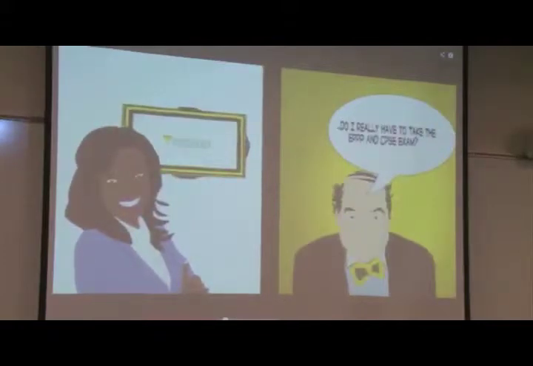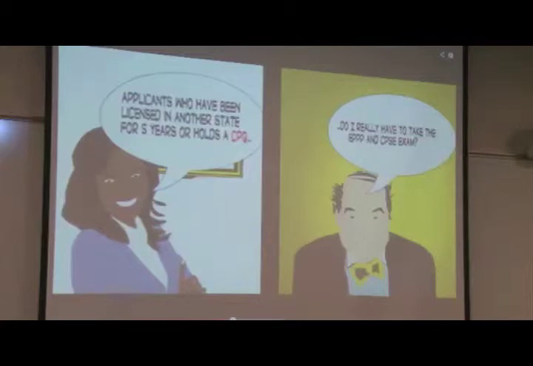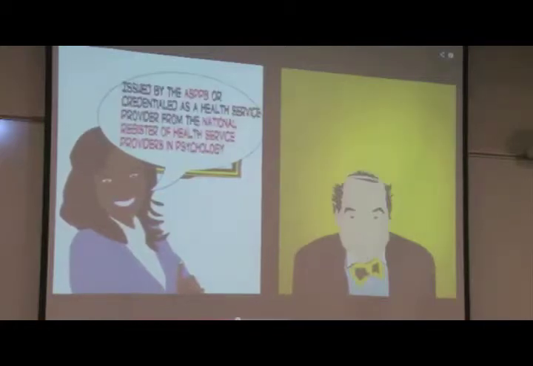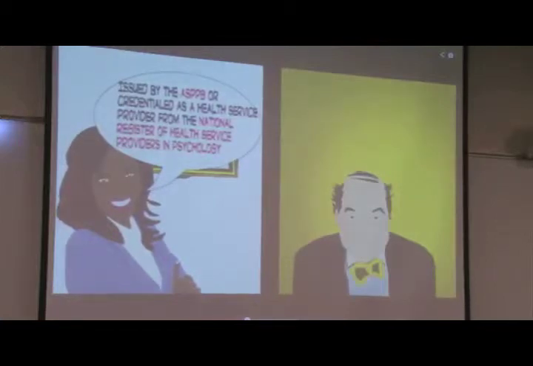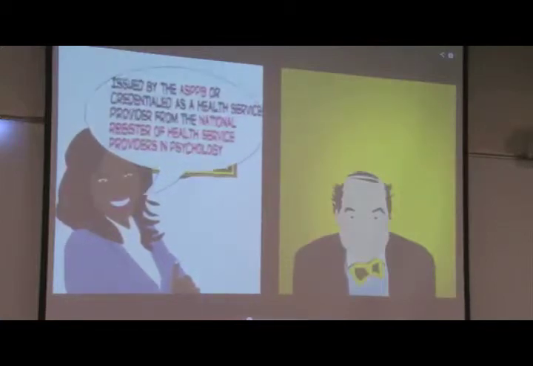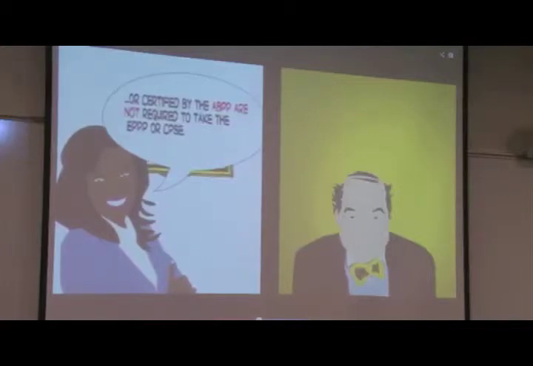I've been a licensed psychologist in another state for more than 5 years. Do I really need to take the EPPP and CPSE exam? Applicants who have been licensed in another state for 5 years or hold a certificate of professional qualification, CPQ, issued by the Association of State and Provincial Psychology Boards, ASPPB, or credentialed as a health service provider from the National Register of Health Services Providers in Psychology, or certified by the American Board of Professional Psychology, ABPP, are not required to take the EPPP or CPSE.